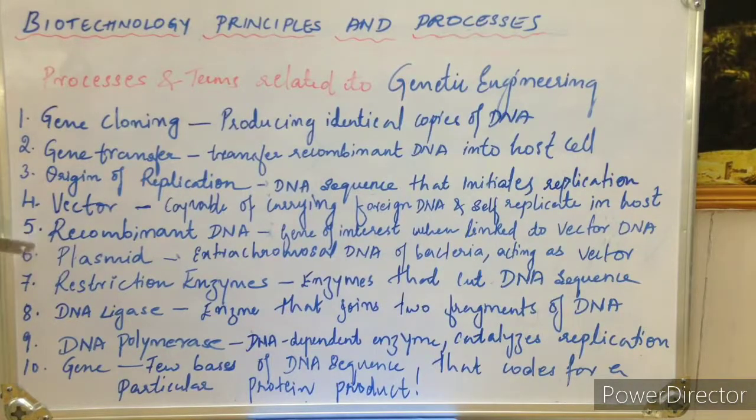So the plasmids are extensively used in recombinant DNA technology as vectors to carry the gene of interest into the host organism. And these plasmids possess the properties of vectors. So plasmids are used as vectors.